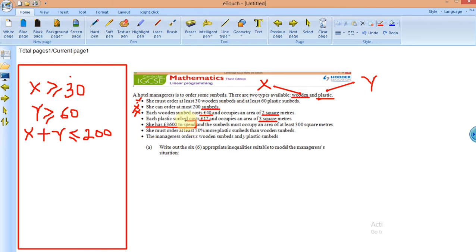This is the total money available for her to spend. So let's work with the money now. I'll work with these two, 12 and 40 here, and then we'll combine that with 3,600. Now the 40 is for wooden, and wooden is x, so that means 40x.